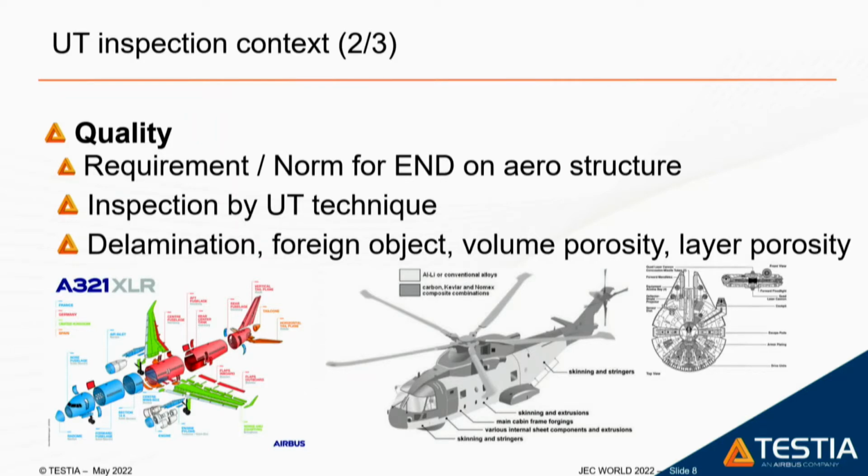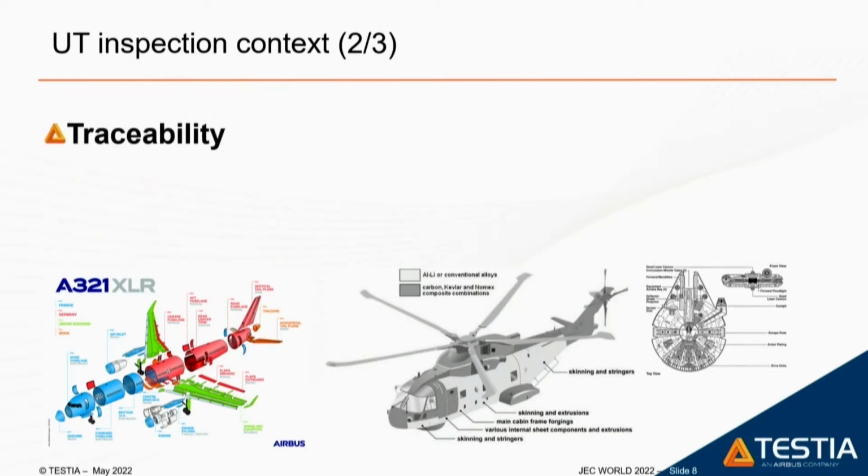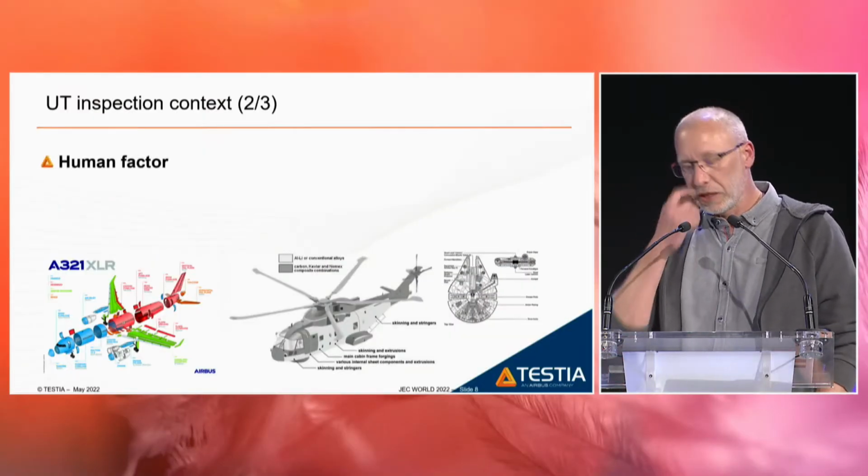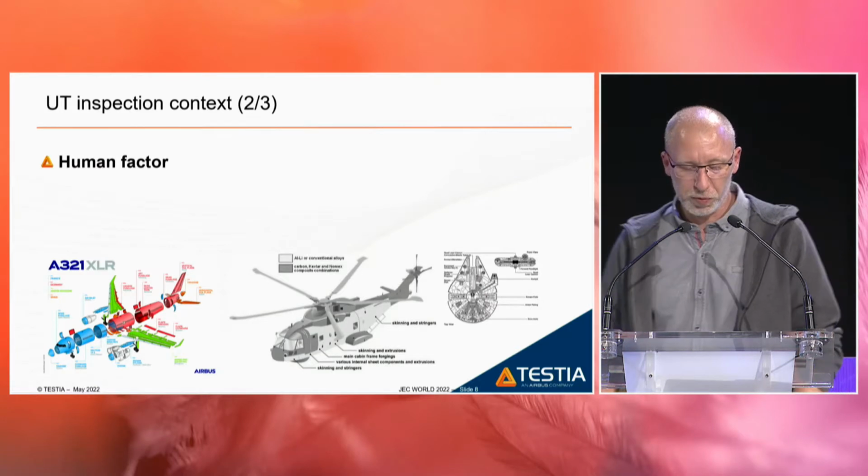Another point is that the specification defines the traceability. We must record and report some key information during the calibration and during the inspection, for example the device inspection gain. The last point that we want to consider is the human factor. We can't take any risk to miss a defect during the inspection.